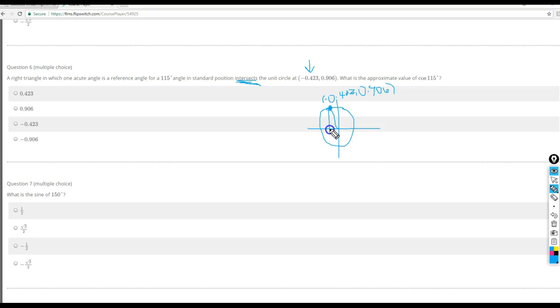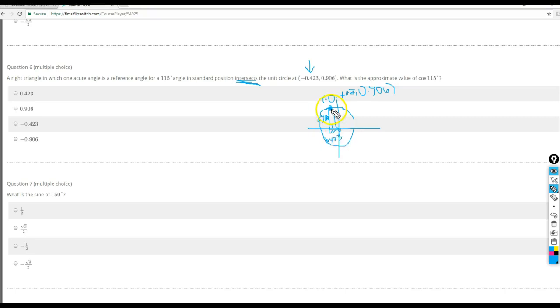So bring it down to the x-axis with a 90 degrees, and then you would know that this distance right here is 0.906, and the x distance is negative 0.423.